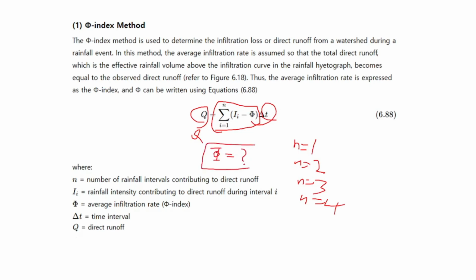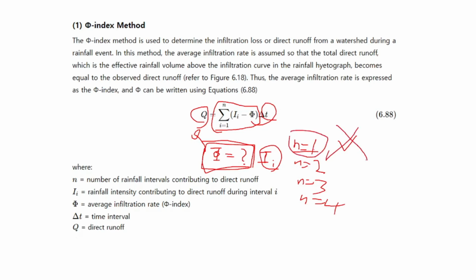If you compare this value with the I sub i's, you'll be able to see whether this one works or not. So you plug in n equals 1, so you only have one I sub i minus phi value, and you know Q, you know delta t, so you'll end up with phi equals something. Then you compare this with the other I sub i values, and if you think it makes sense, you say, oh, I'll use this one.